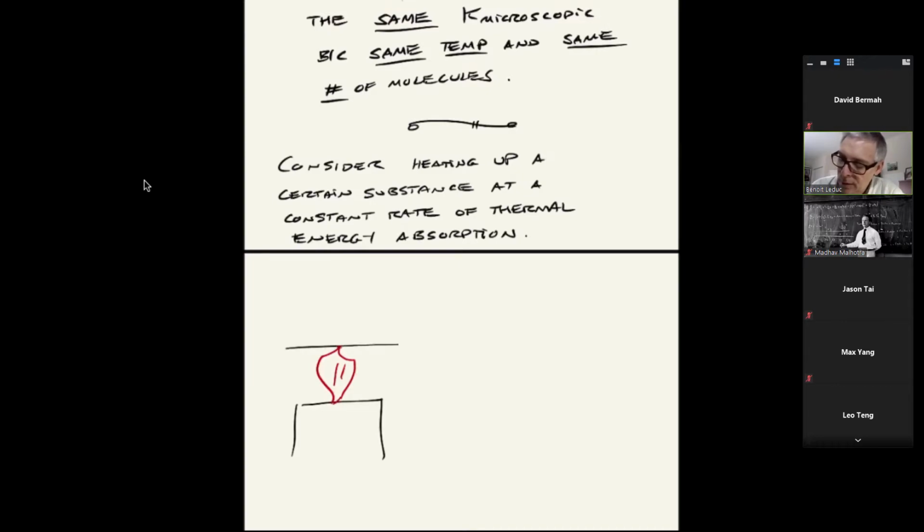And let's say it's water, though it could be any substance. So you're heating this up. Thermal energy is being transferred, heat is being transferred into the water. That's a flame here, a burner.